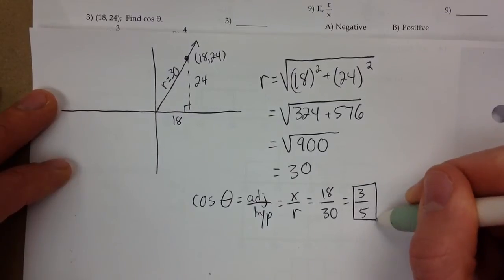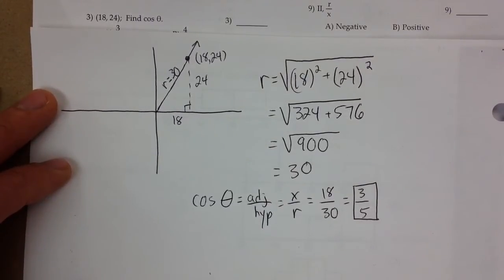Okay. So notice here we're just finding r, Pythagorean theorem, and then you just plug it into the definition. There you go. Trig functions, they are nothing to be intimidated by. They're just names. Okay, you just need to know what their definition is. That's all.